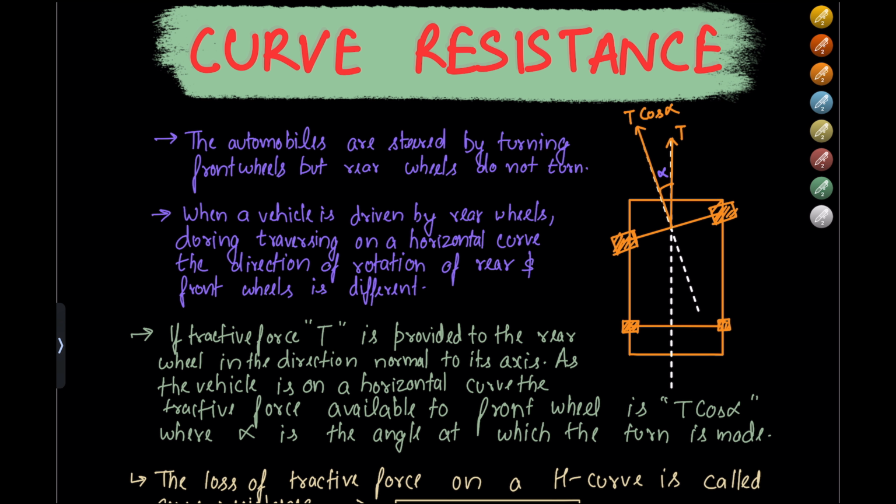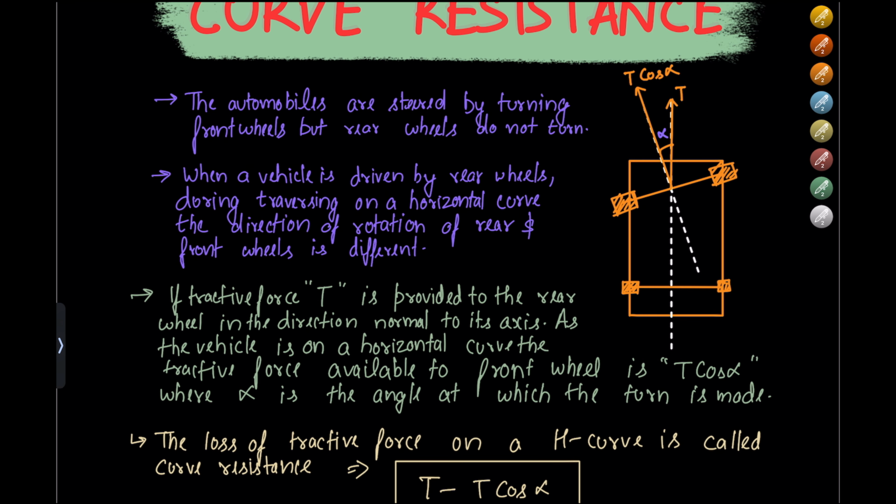The automobiles are steered by turning front wheels, but rear wheels do not turn, which causes the front wheel to be resistant to movement, and the traction force that is pulling the vehicle forward is reduced by T cos alpha.